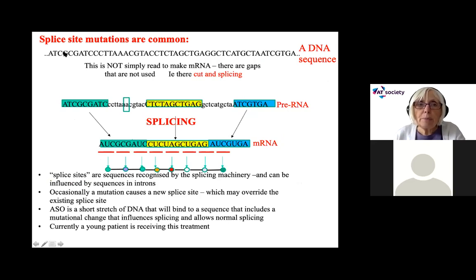If you remember, I told you that you can have a sequence on your DNA, and this may be within the ATM gene. And then you want to make your messenger RNA. But although all the information for this messenger RNA is in your DNA, it's not contiguous. There are little regions that are just thrown away, and we call these non-coding or intron regions.